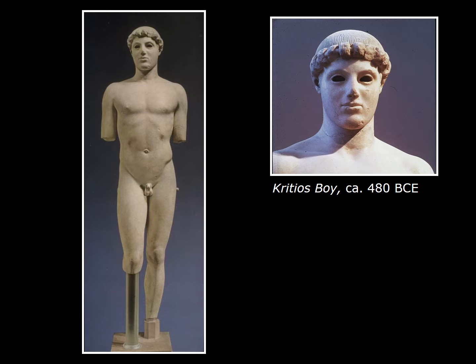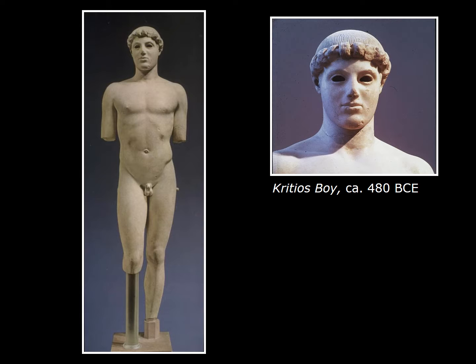The use of contrapposto, or this relaxed leg position, this weight shift position on legs, separates classical from archaic Greek statuary. Its reappearance after a long absence is going to be one of the hallmarks of the renewed interest in classical art during the later Middle Ages and the Renaissance.